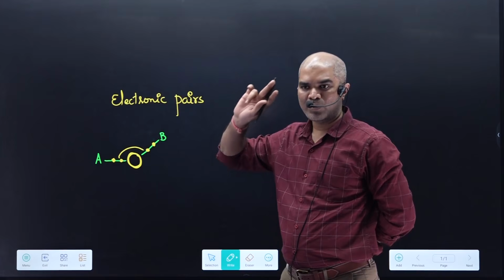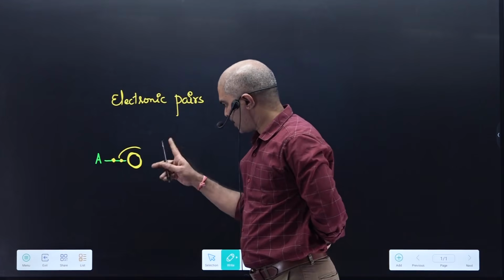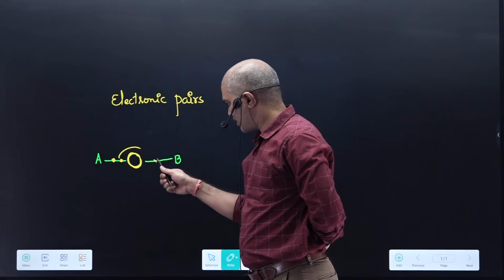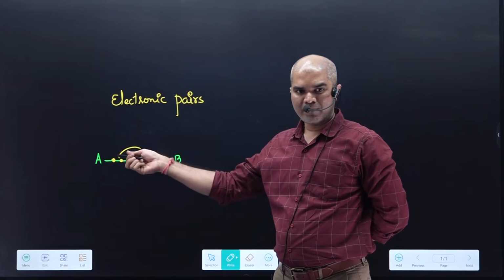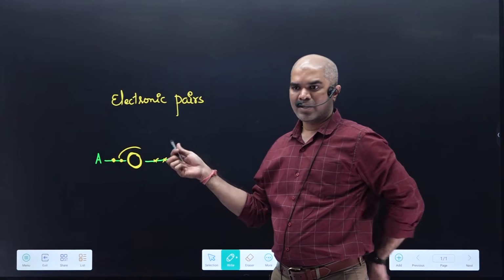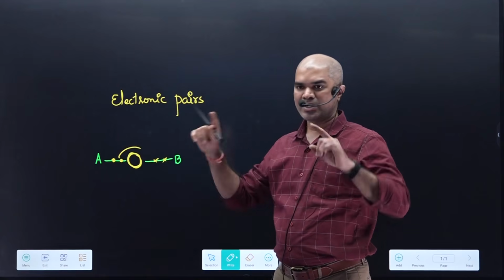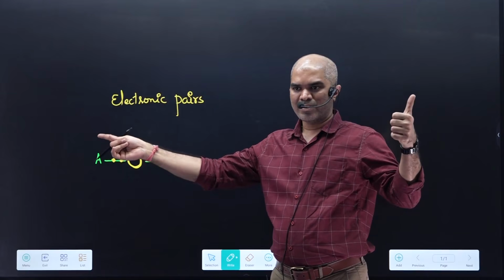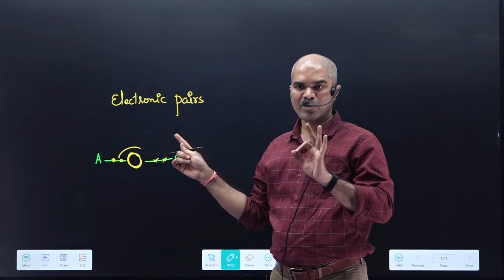Whenever you have only two bonding pairs, due to electronic repulsions, definitely they have to take up a linear shape only, because this is a bonding pair, this is also a bonding pair, both are electron pairs, and they repel to the same extent. So the distance will be maximum between the two bonds, that is 180 degrees. So it will always give you a linear shape. There is no participation of any lone pair.